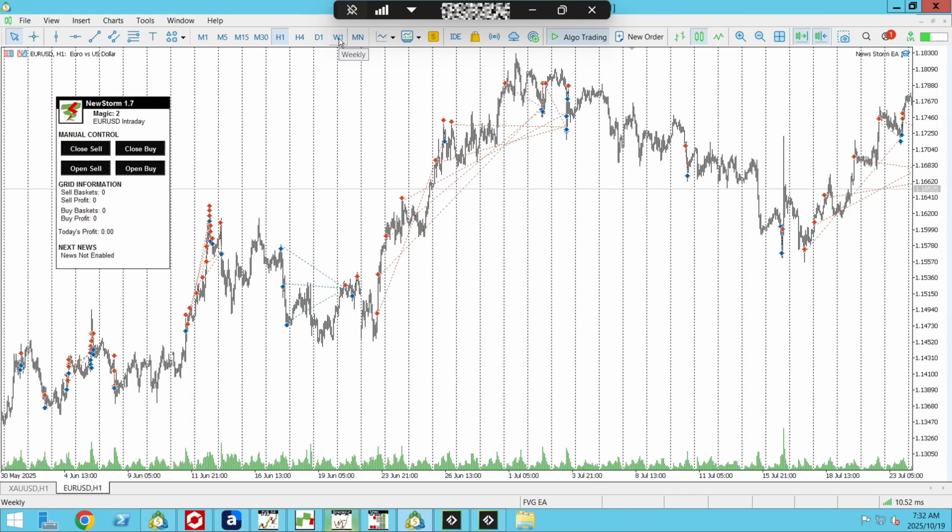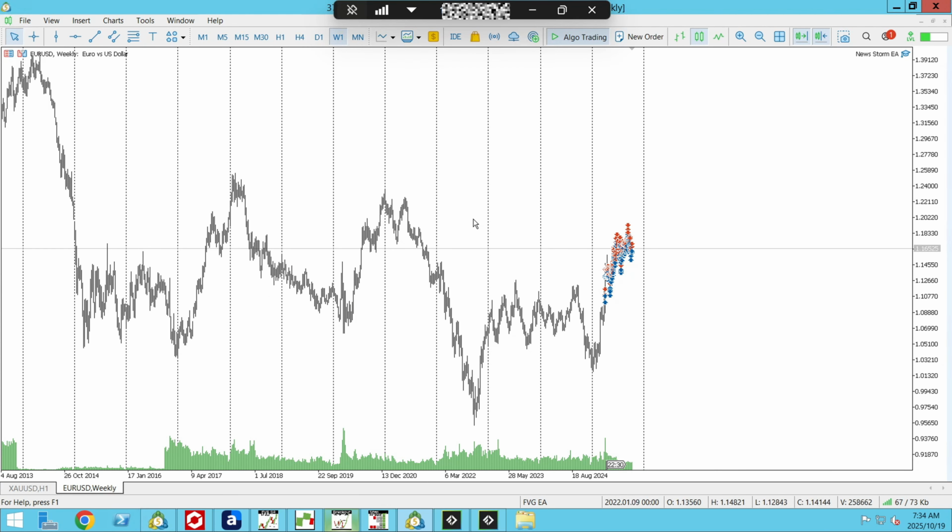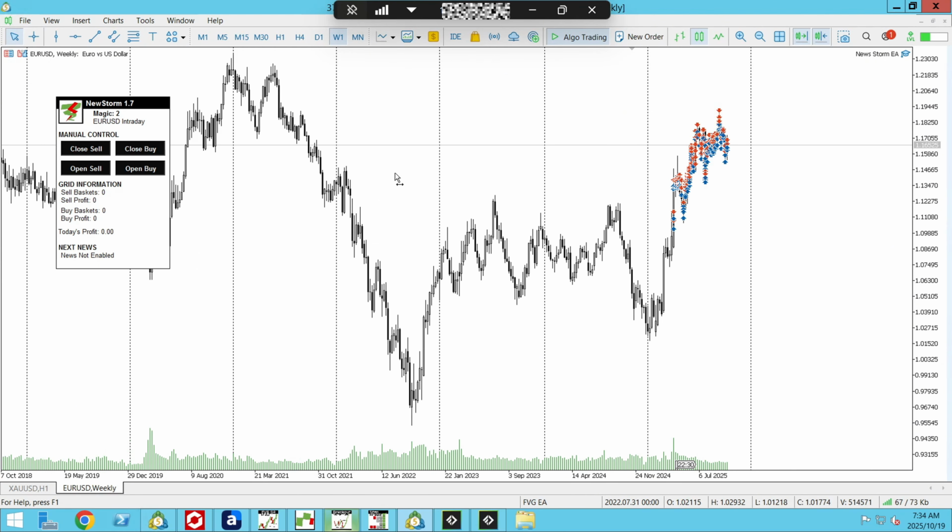Let me go to the weekly. Let me show you what I had as analysis. In the weekly, basically, I had the price just getting here. So it did break the highs here, it broke the highs here, and it's getting to a resistance area. A resistance area on a weekly level.